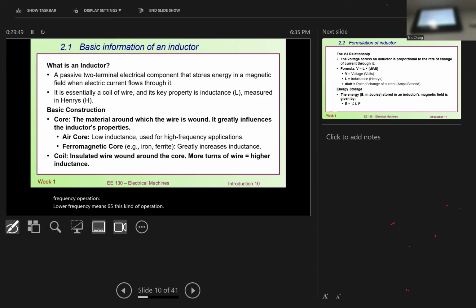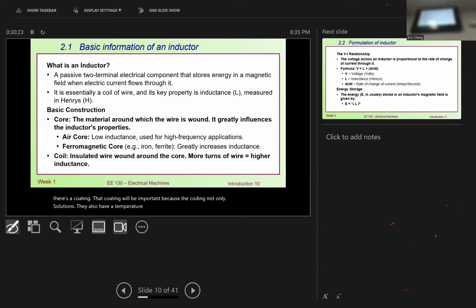For the copper wire, we use insulated wire so that the turns don't short circuit. When you observe a motor or transformer, you can see many windings, but each winding has an enamel coating, so there is no physical contact. When you see the wire, you may not be able to distinguish it, but actually there's a coating. That coating is important because it not only provides isolation, it also has a temperature rating.